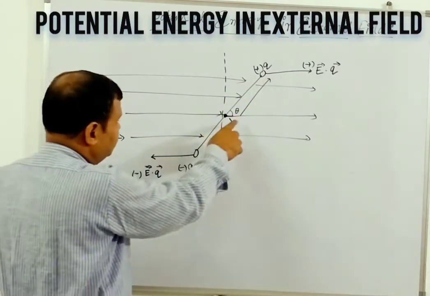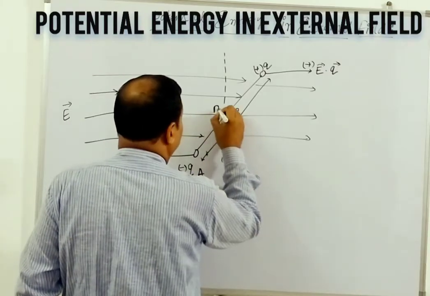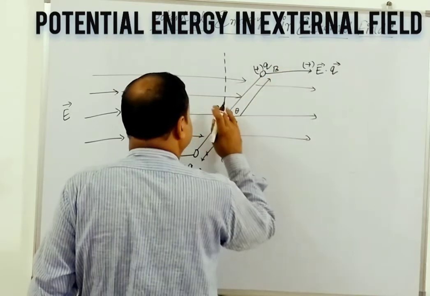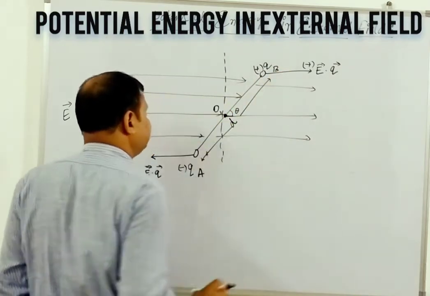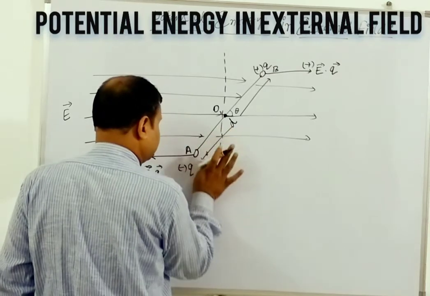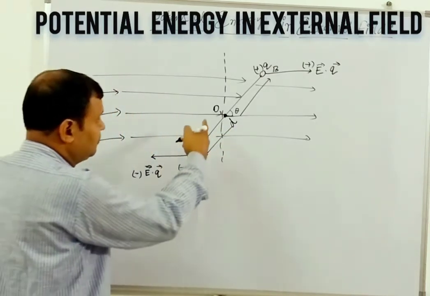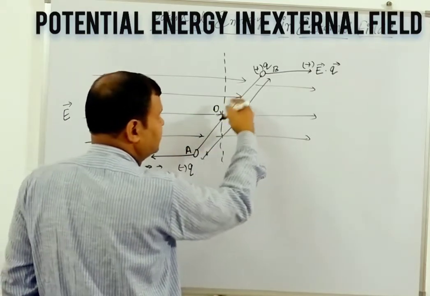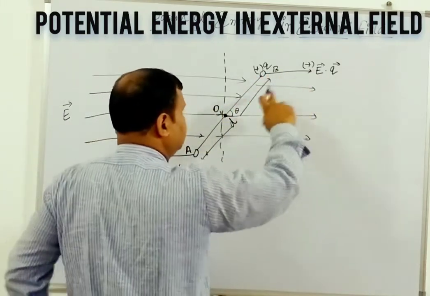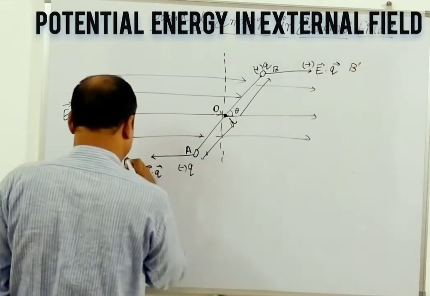Now see, for this, if you have this name A, suppose this is O and this is B. Now the torque against this side, suppose this is B dot and this is A dot.